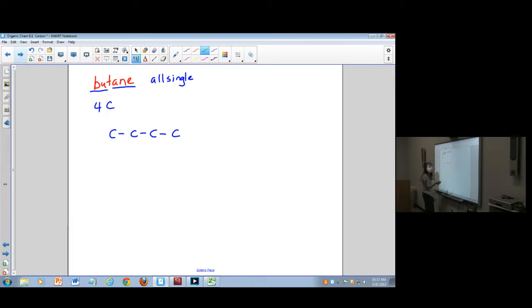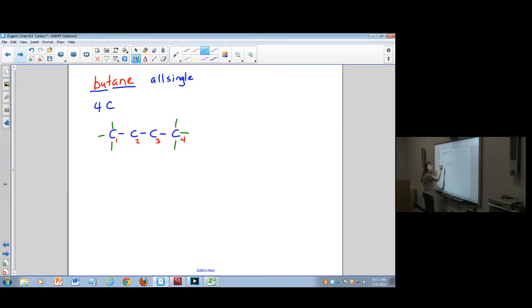I'm tired now, I don't want to write hydrogen every time, so you can see how this gets looser and looser. But I can count that every bond I form is going to hydrogen. So I'll form hydrogens there, and then on the end, I'll form hydrogens here. And then I'll look at this carbon. We'll call this one 1, 2, 3, 4, because we need to learn how to number anyway.